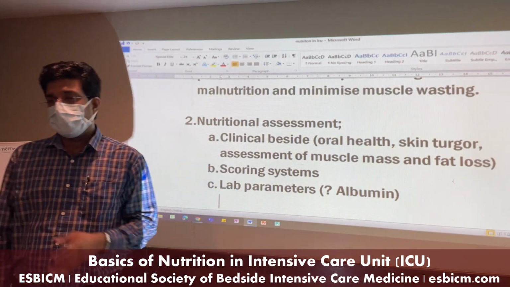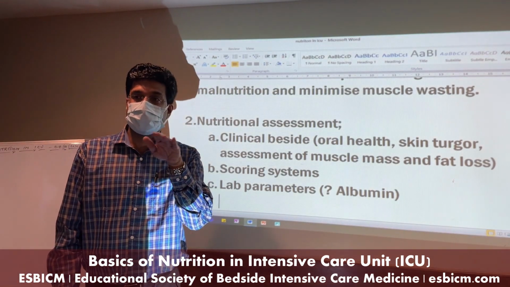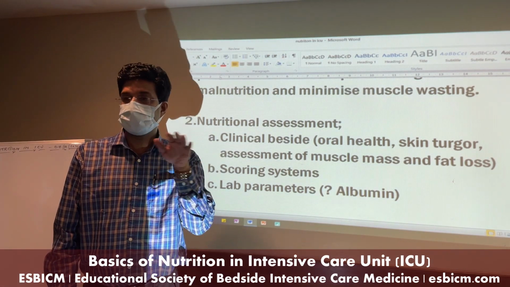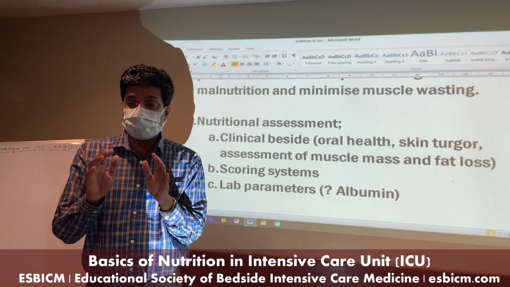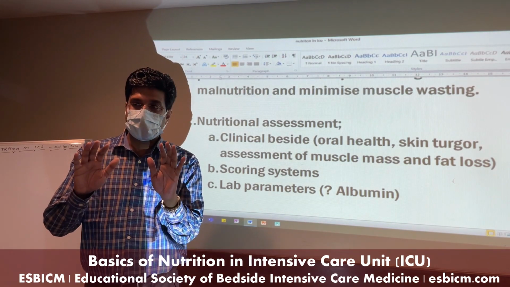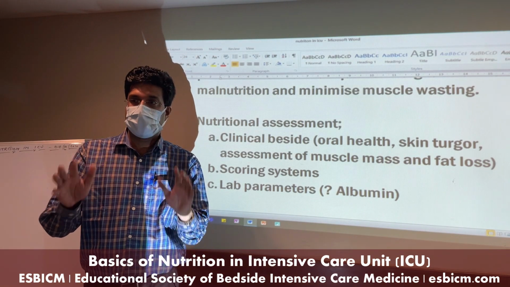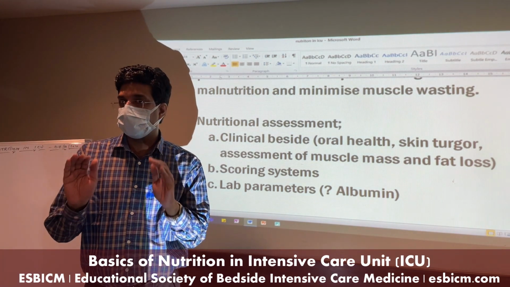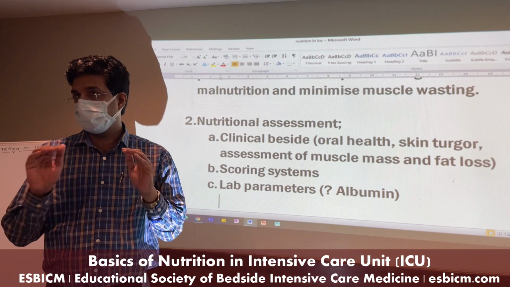Then skin scaling: some patients have scaling on their body, feet, calf muscles, or generalized. These patients are usually malnourished and have micro-element deficiencies, selenium, zinc and other deficiencies. So you need to be aware that these need to be supplemented.